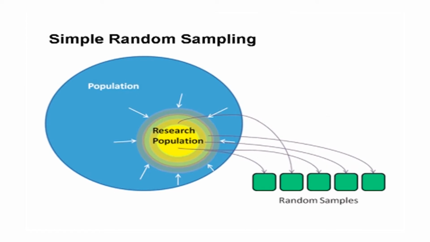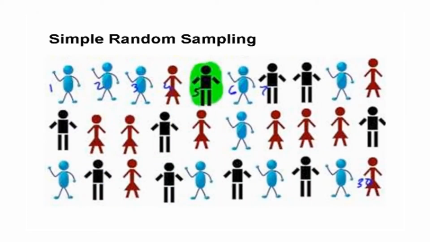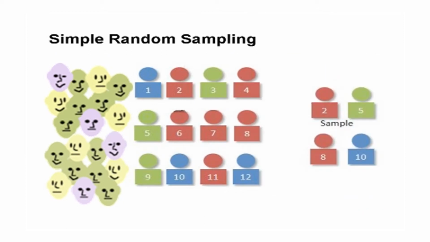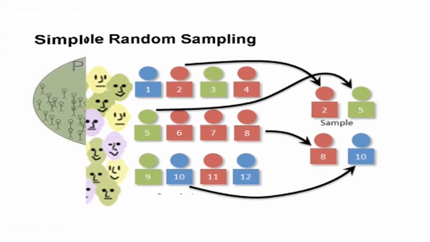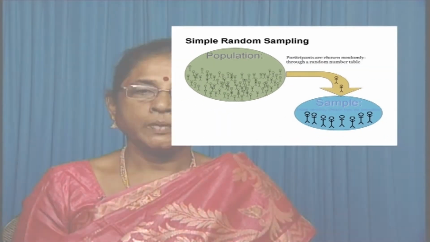These numbers are generated by a pure random process so that any number has an equal probability of appearing in any position. In the first step, the researcher assigns unique numbers to each member of the population. Then numbers are selected from the random number table and the persons with these numbers are included in the study.